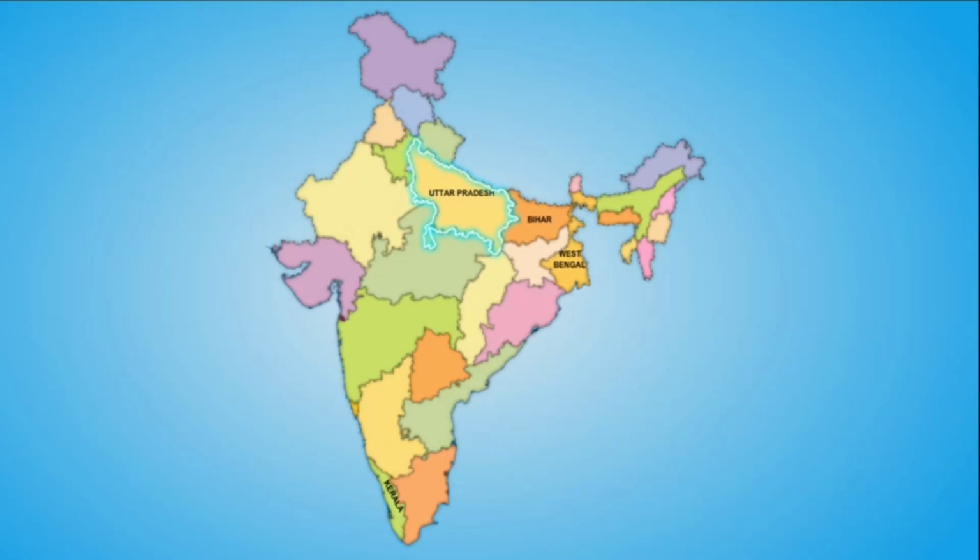The states of Uttar Pradesh, Bihar and West Bengal, that is, the northern plains, and Kerala in the south, have high to very high population densities.